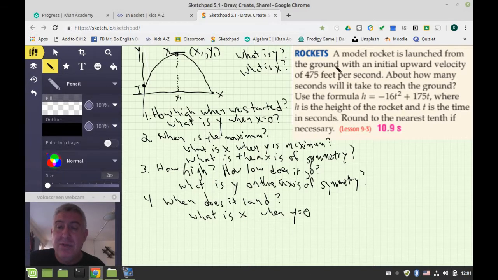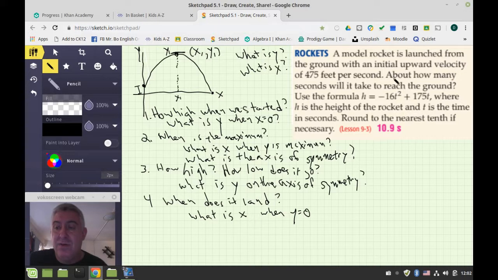So I'm going to look at a bunch of word problems now. A model rocket is launched from the ground with an initial upward velocity of 475 feet per second. About how many seconds will it take to reach the ground? Reach the ground. That means, boom, this is question 4. So it wants to know what is x when y equals 0. We're going to find the zeros.